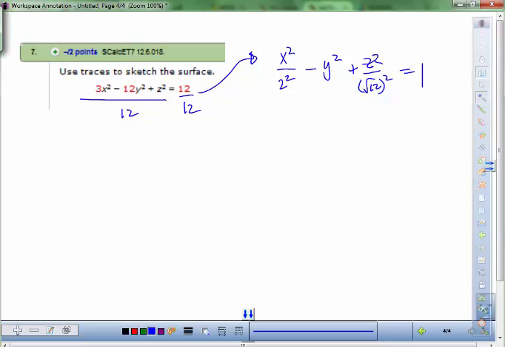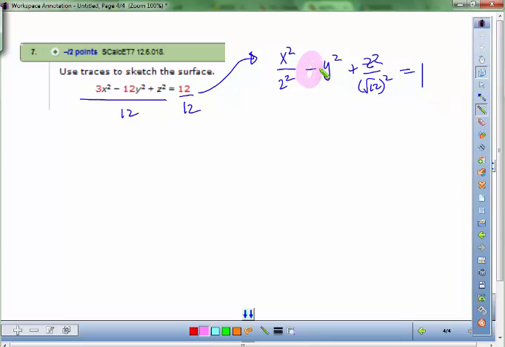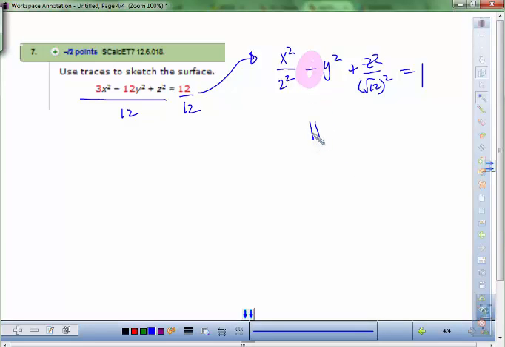But what we have to note here is that we have a negative sign for the y, and so this is going to be a hyperboloid. Now, I didn't discuss whether this could be a hyperboloid of 1 sheet or 2 sheets. The idea behind 1 sheet or 2 sheets is based on how many negative signs you have.